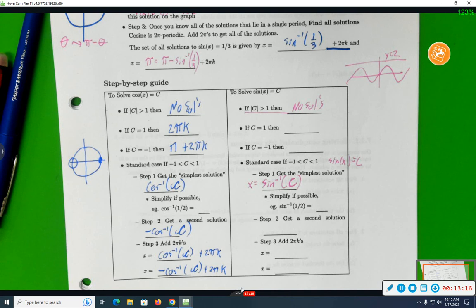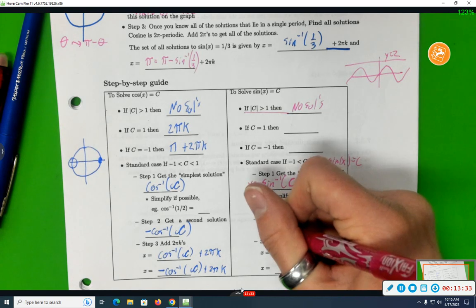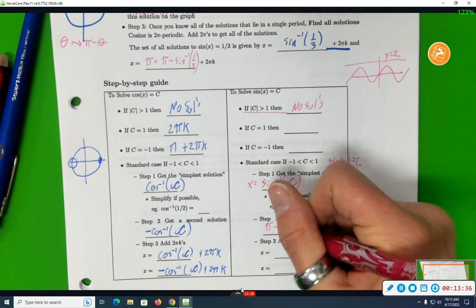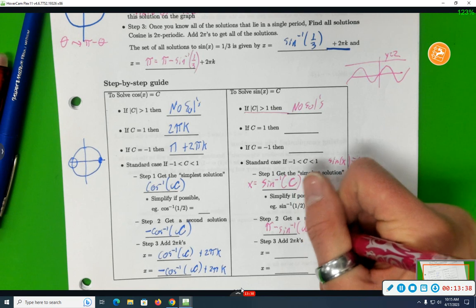And that makes sense. You want to solve sine of x equals c, x equals inverse sine of c is exactly what you want. To get the second solution, by what we just did above, it should be pi minus the first. So the second solution is pi minus inverse sine of c.